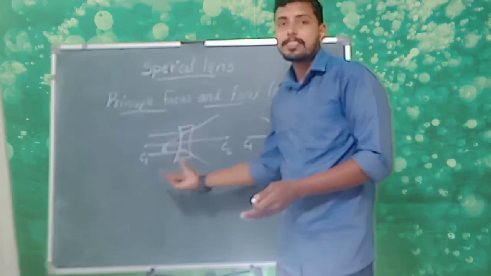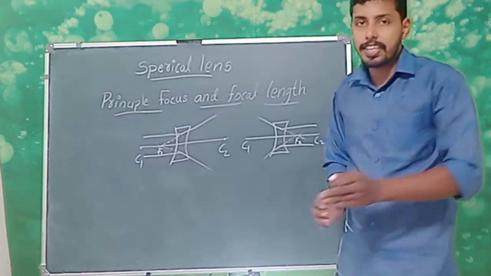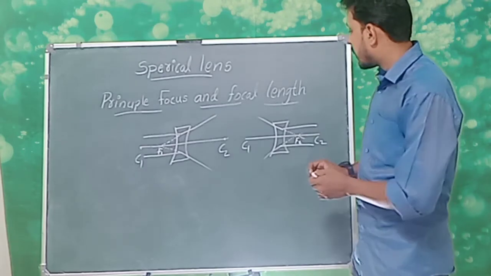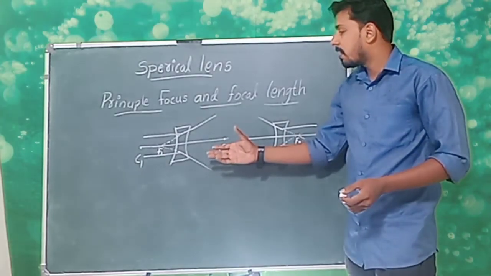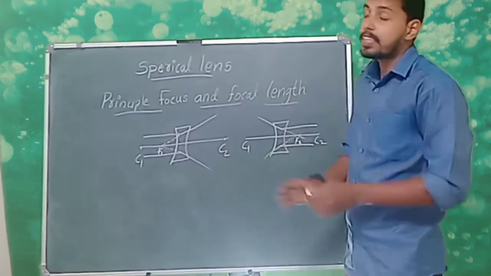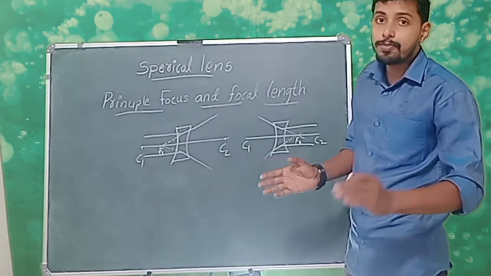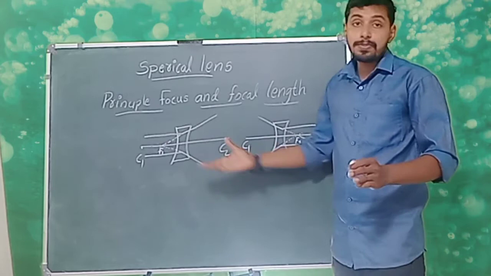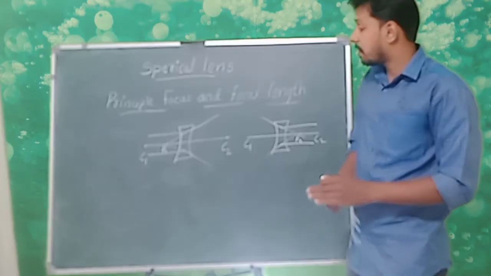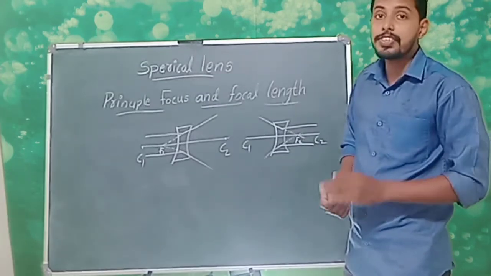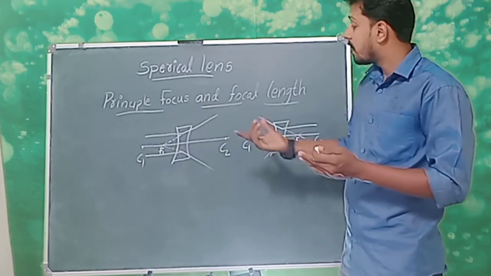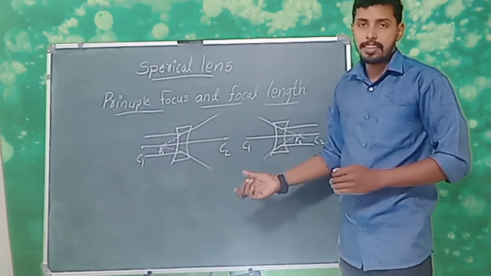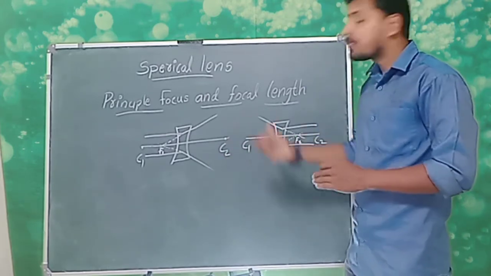Then in the case of mirrors, we studied certain rules for image formation. Same like that, here also some rules are there. We will discuss concave lens first, later convex lens.